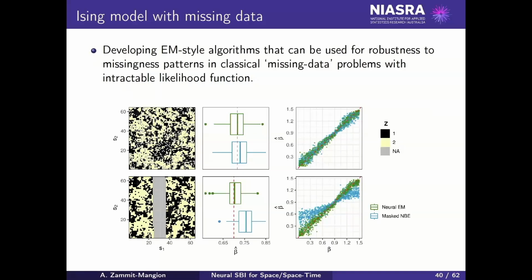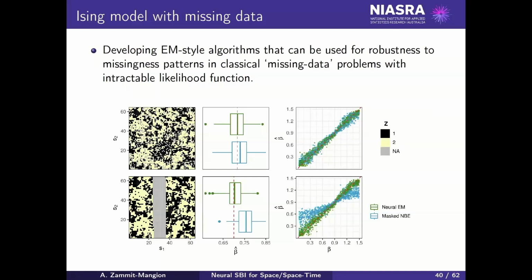The Potts model's got an intractable normalizing constant in the likelihood function. So it's also a pretty difficult inferential problem. Right, but what I'm showing you here is a method which I'll call neural EM, which is robust to the missingness pattern, which is something that we want, because if you train a neural network on this sort of missingness, which is missingness at random, and then you give it instead this sort of missingness pattern, which is completely different, now it's a straight line, the blue was trained on this sort of data.